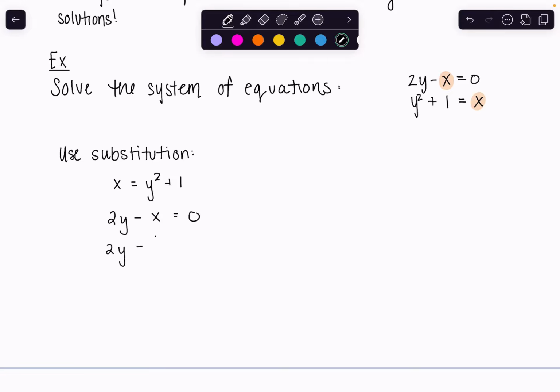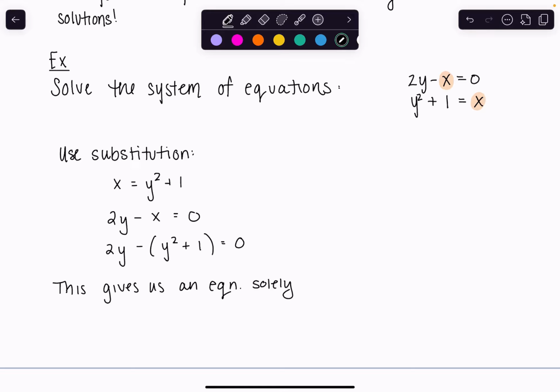So replacing in that x is y squared plus 1, we get an equation solely involving y. That we can now solve.